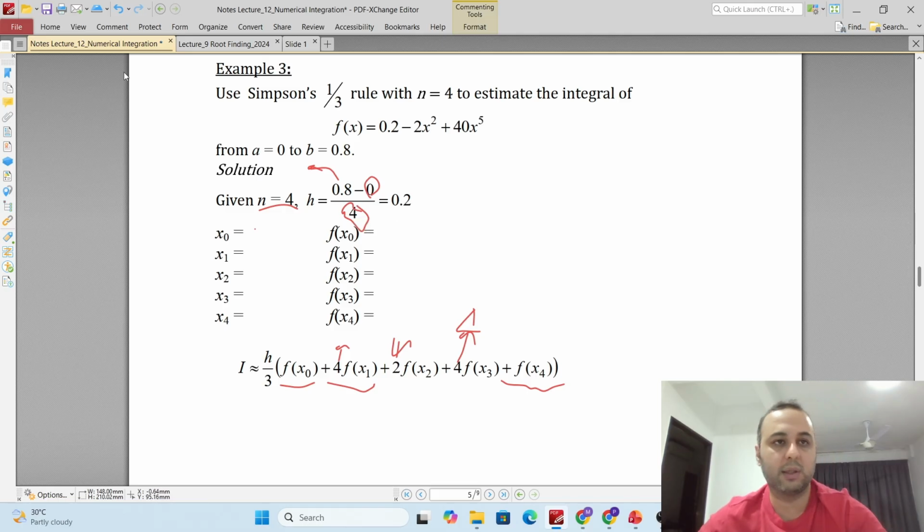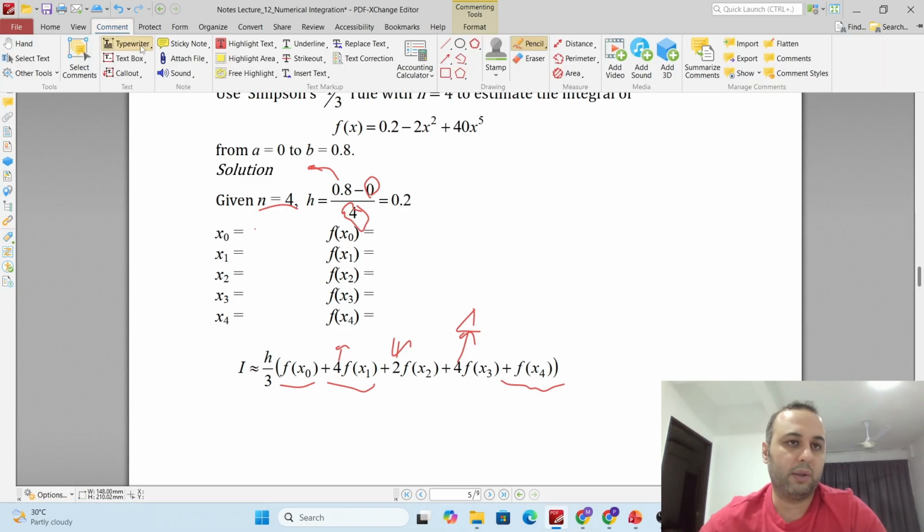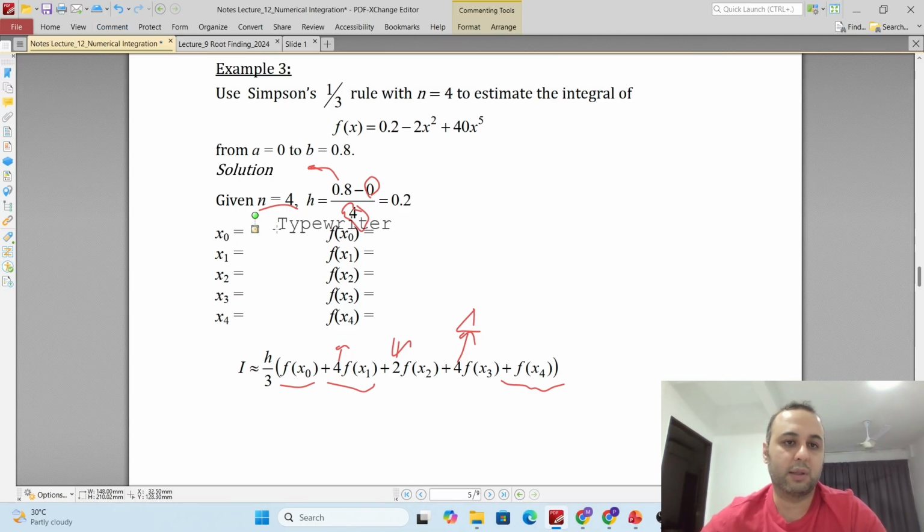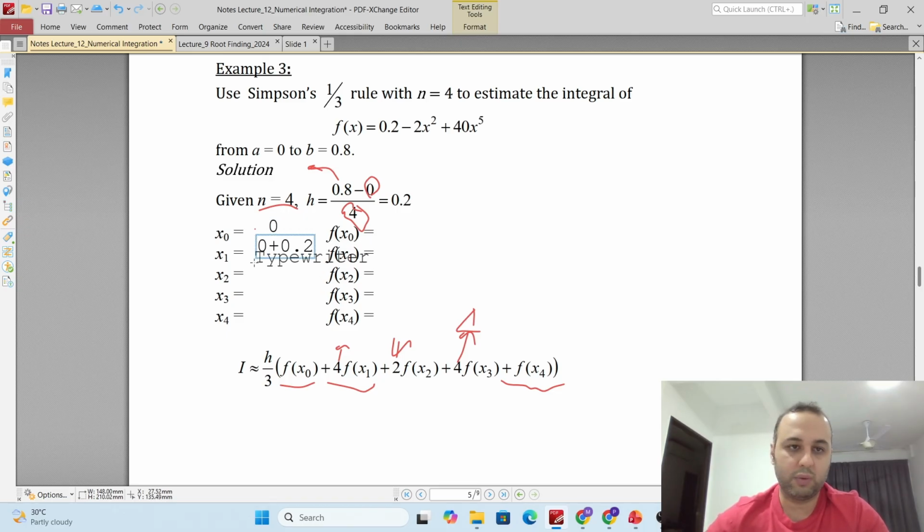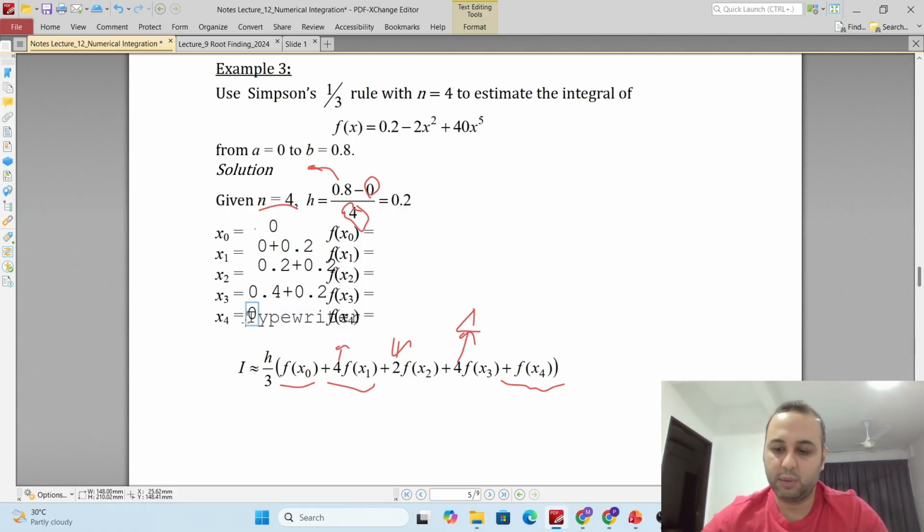It means how I want to manage the points, like this. 0, 0 plus 0.2, 0.2 plus 0.2, sorry, 0.2 will be 0.4, right? 0.4 plus 0.2 will be 0.6, right? 0.6 plus 0.2 will be 0.8, right?